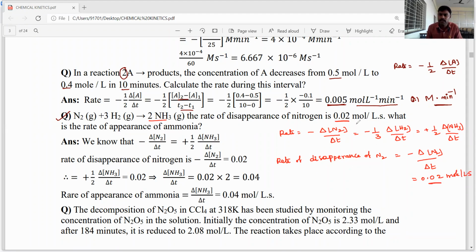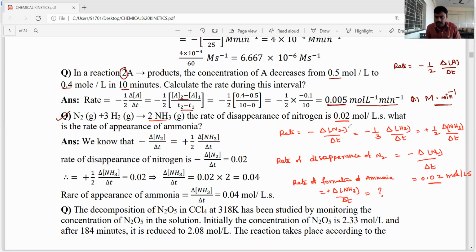What we have to find out is the rate of formation or appearance of ammonia, which is plus delta NH3 by delta T. We need to find out how much this value is.